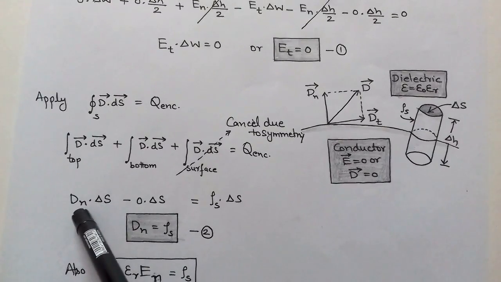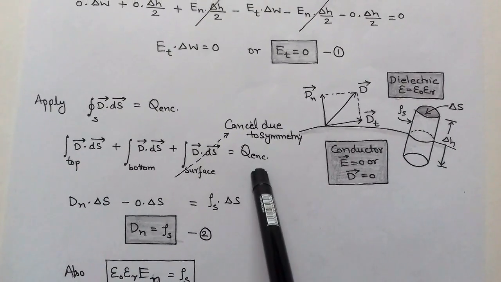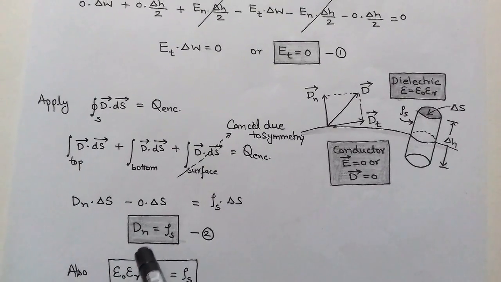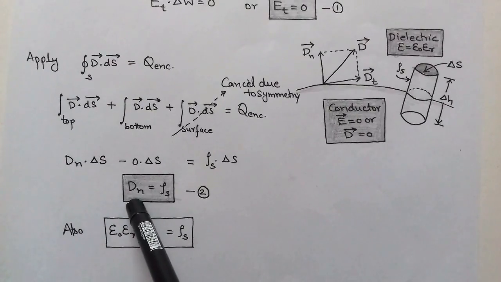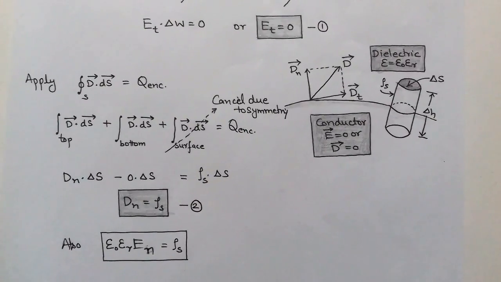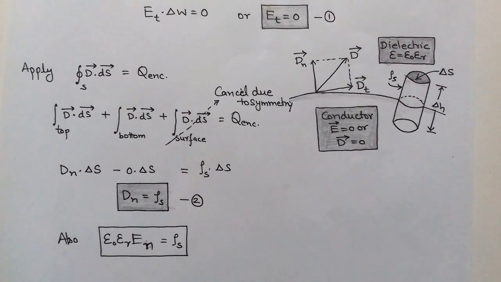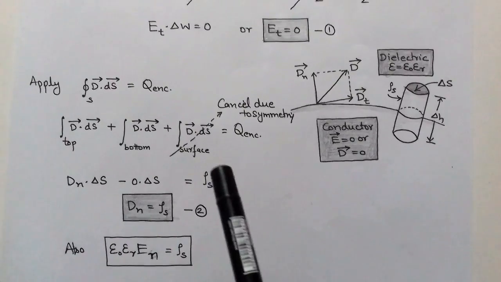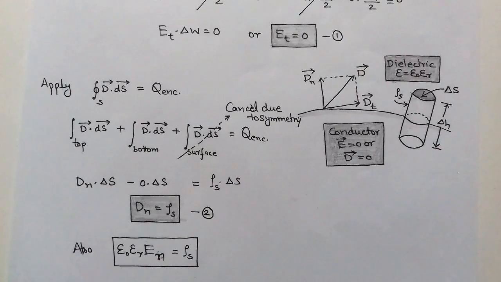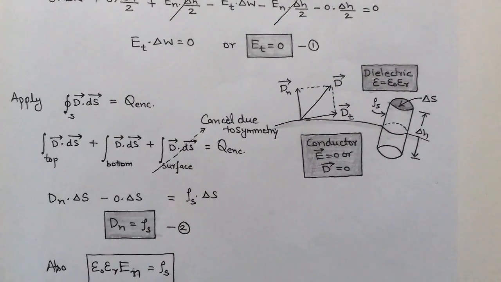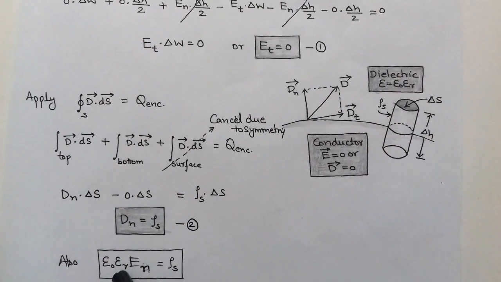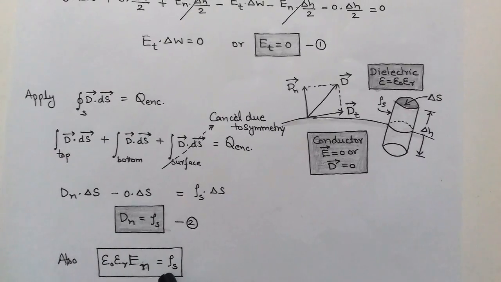After putting these values, and knowing that Q can be written in terms of surface charge density rho s, that is rho s into delta s, and after cancelling the delta s term, we get the normal component of D equals to the surface charge density. So in the conductor-dielectric boundary condition, the tangential component of E is 0, while the normal component of D is equal to the surface charge density. Since D equals epsilon E and epsilon equals epsilon naught epsilon r, after this it is equal to rho s.